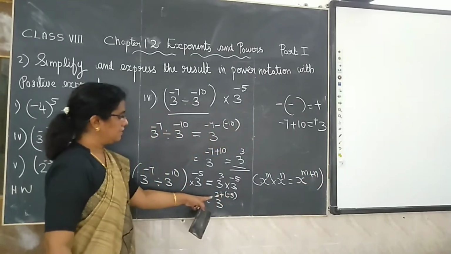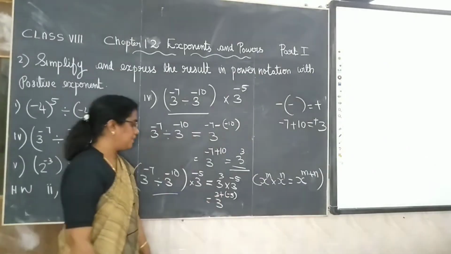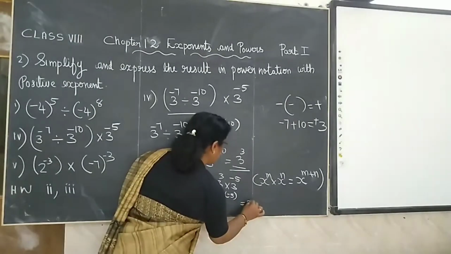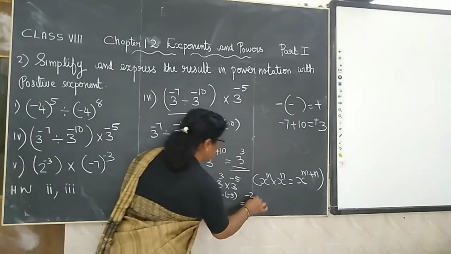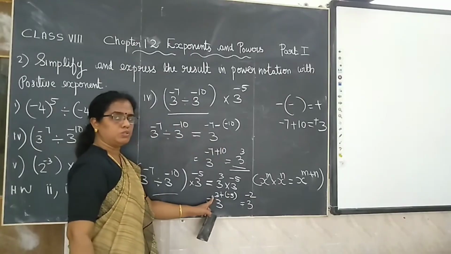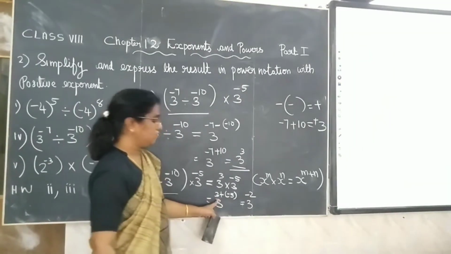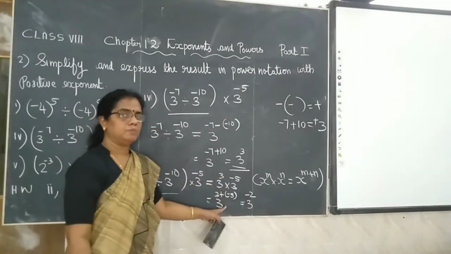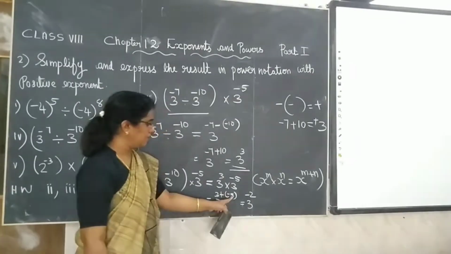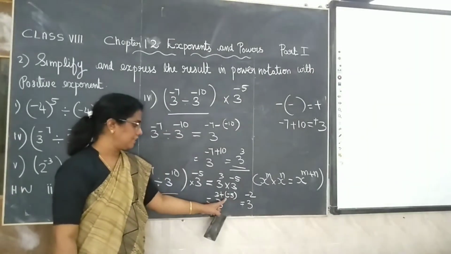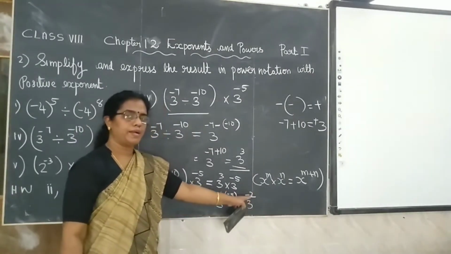So this becomes 3 raised to 3 plus minus 5, that is 3 raised to minus 2, because one number is positive and one is negative. So subtract and put the sign of the big number. Here the big number is 5, its sign is negative, therefore 3 raised to minus 2.